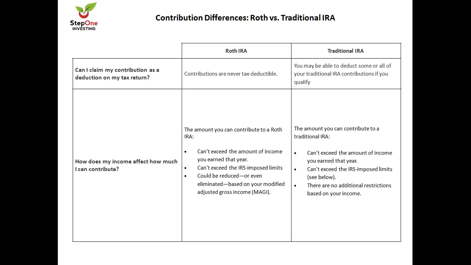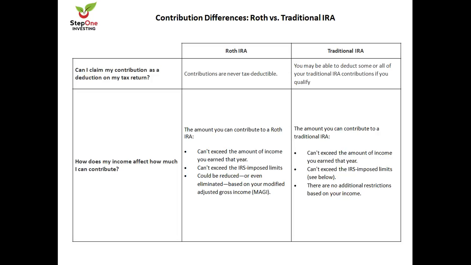The second difference here is, well, let me backtrack. Remember, if you watched the first video, we talked about how you can't contribute more than you earned for the year. You also can't contribute beyond IRS imposed limits. That remains the same for both the Roth and the traditional.